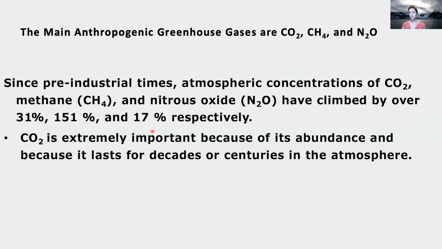CO2 is extremely important because of its abundance and because it lasts for decades or centuries in the atmosphere. CO2 is generated, of course, through emissions from transportation and energy, but also cement production furnaces, and burning of forests and grasslands are also major sources of CO2.